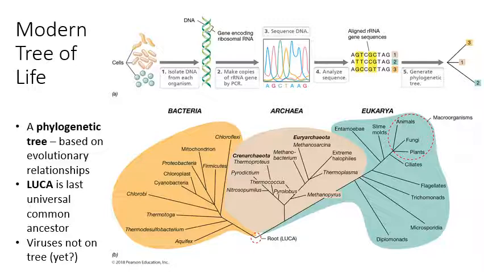And viruses actually seem to have arisen at different points. So not all viruses share one common ancestor, except for LUCA. They have different ancestors, and they branched off of other life forms at different points. So you wouldn't have just a virus domain. If they were incorporated into the tree of life, they would have little virus branches coming off of different parts of the tree.